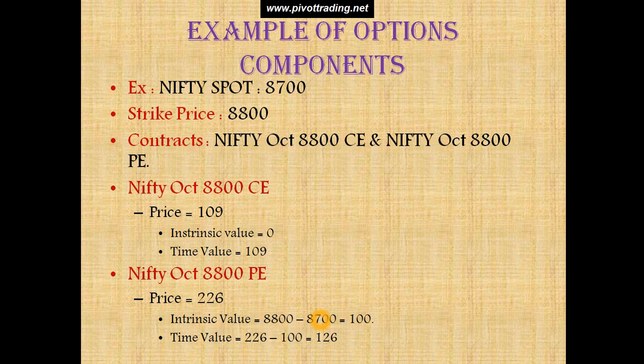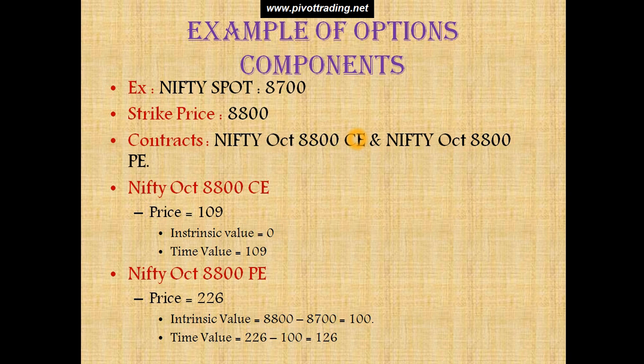The call is represented by CE, as you can see where my mouse is highlighted, and the put is represented by PE. So we will take an example of Nifty October 8800 CE and Nifty October 8800 PE. Now let's understand this contract definition. Nifty means the index that we are currently trading, on which we are buying or selling the options. October is the month when this contract will expire. 8800 is the strike price.